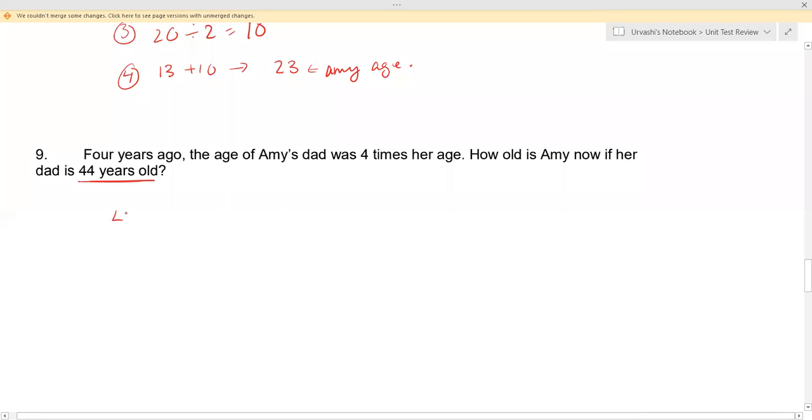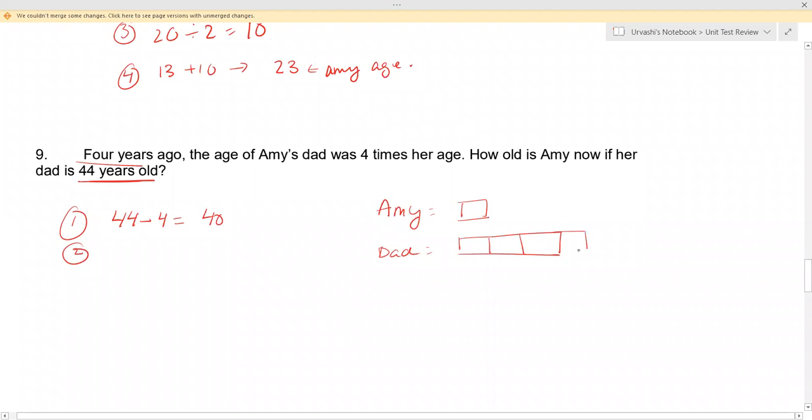44 minus 4 years, and then 40. First I draw the model. So 4 times. Amy is 1 block and her dad is 4 blocks. 44 minus 4, 40 divided by 4 equals 10.